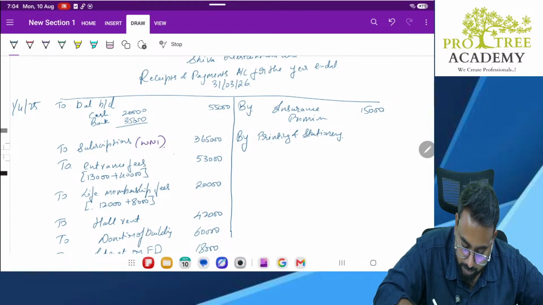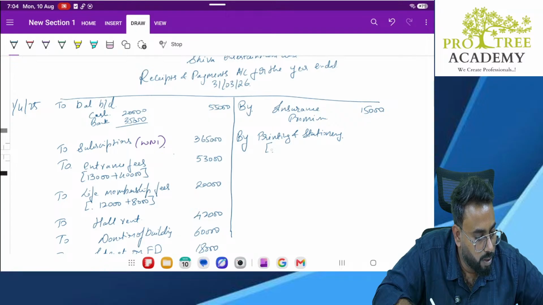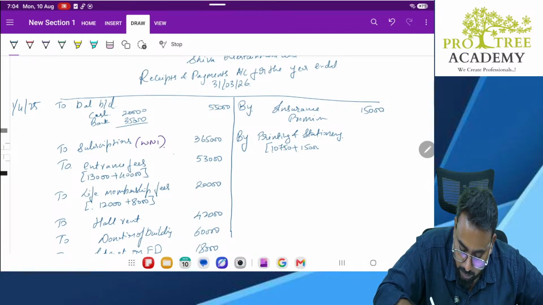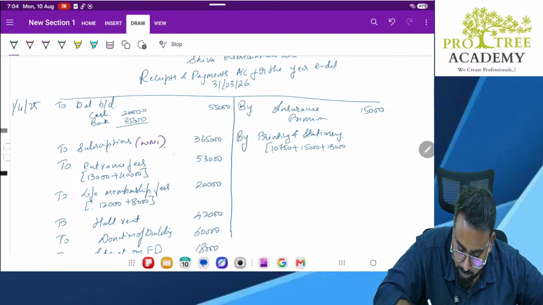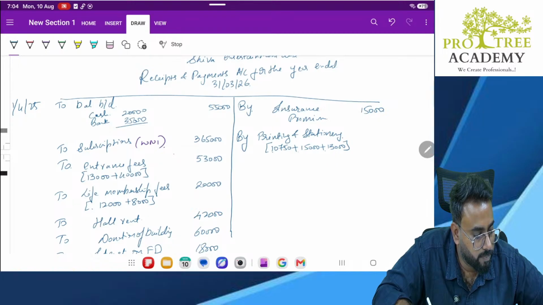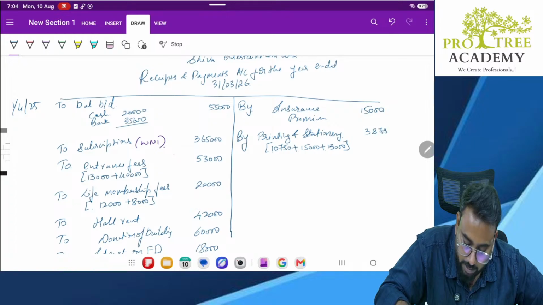How many times does printing and stationery come? 1, 2, 3. Three times. We'll add it here only, since there is no need to make a separate working note for that. 10,750 plus 15,000, plus, please let me know if I missed something, plus 13,000. That will be 38,750.